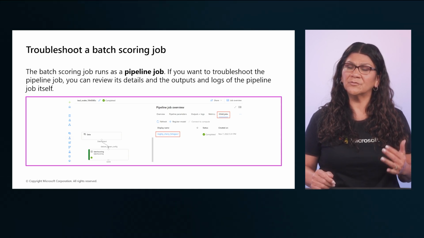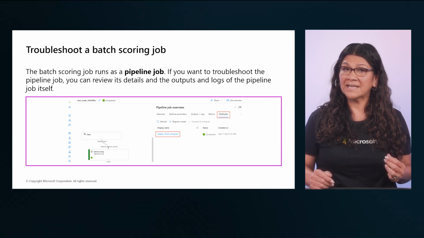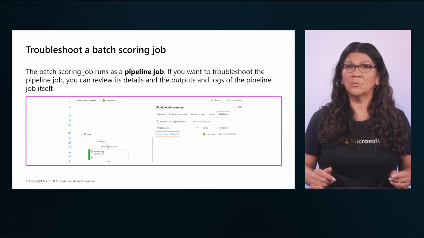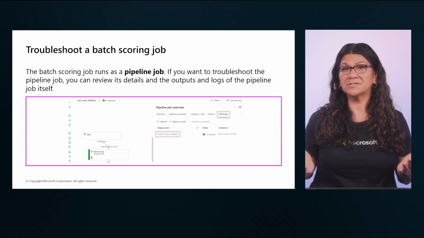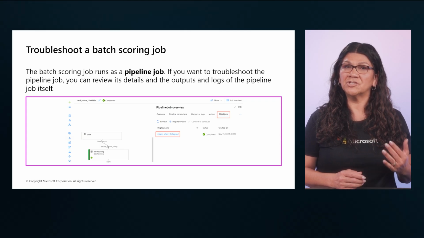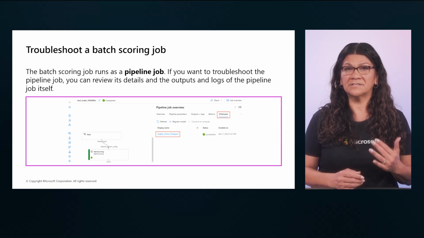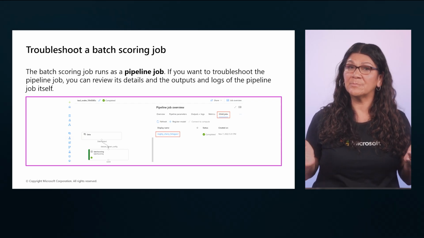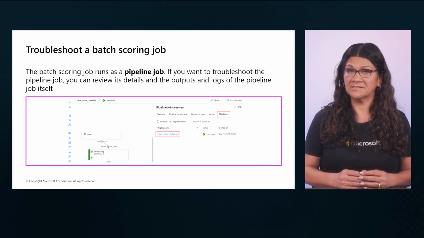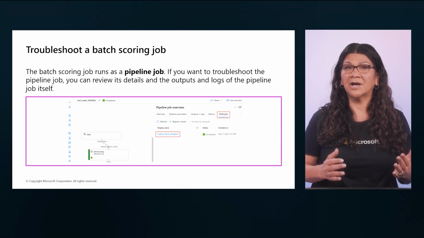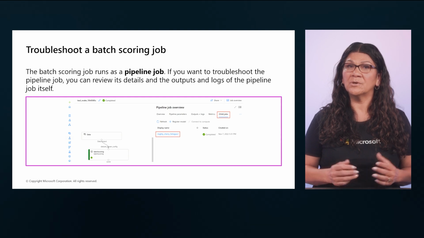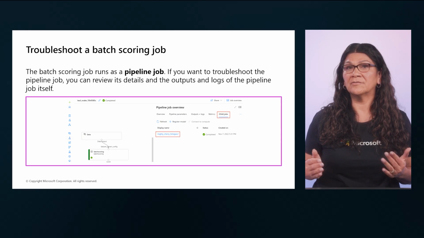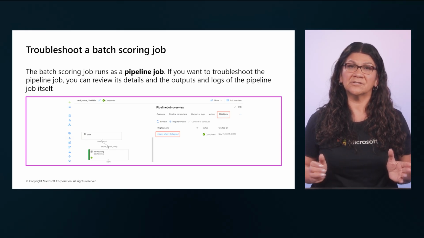Inside the logs user folder, you'll find three key troubleshooting files: one, the job error text file, which is a summary of errors produced by the scoring script; two, the job progress overview text file, which shows progress details, including how many mini batches have been processed; and three, the job results text file, which has errors related specifically to the init or run functions in the scoring script.